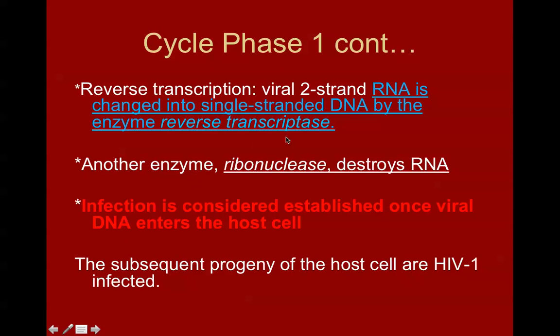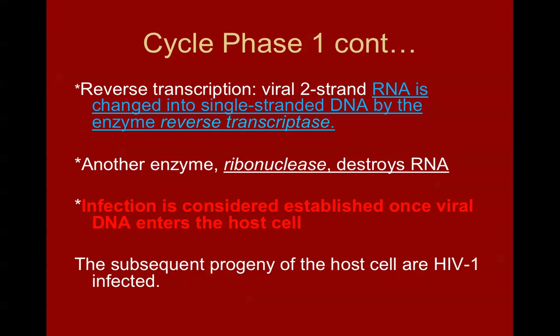Okay, then you get that reverse transcriptase, that's the enzyme. The viral RNA starts out as 2-stranded, this is ribonucleic acid, but just remember RNA, and it is changed into a single-stranded DNA. So remember that 2-stranded RNA is injected into the T cell, and then it's changed into a single-stranded DNA by the enzyme reverse transcriptase.